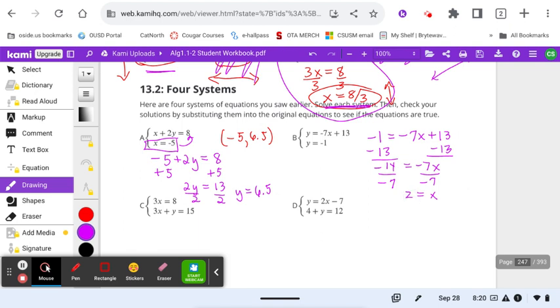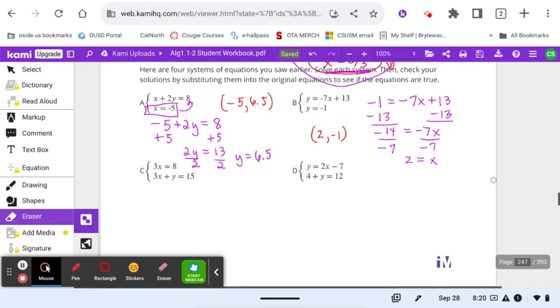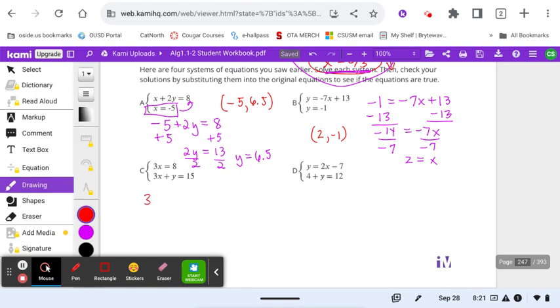Remember, that's only half an answer. I need to put that with the xy coordinate pair for my solution to the system. And we recall that y was just -1, so I put it together. How'd you do on this one? Pause the video, try the next one. By the way, these are the same equations from the top. Are you recognizing them?